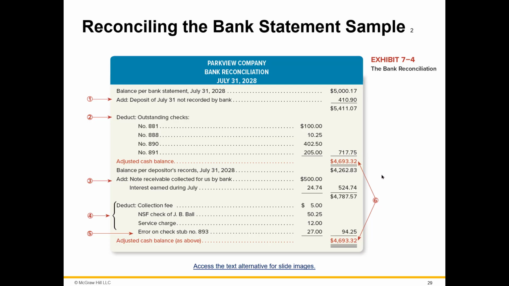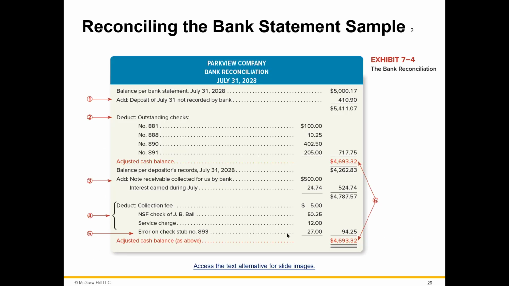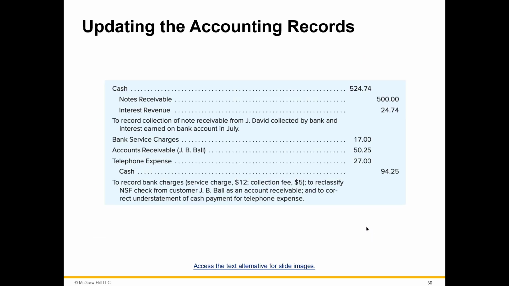And you can see if we've reflected everything in our 6th step. And so let's go back to our 6th step here. We're going to see if all of these items have been included and see that the adjusted cash balance is the same for both. Now, we're not quite done because we need to go and make these adjusting journal entries.